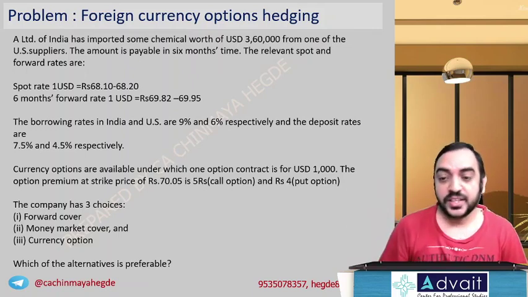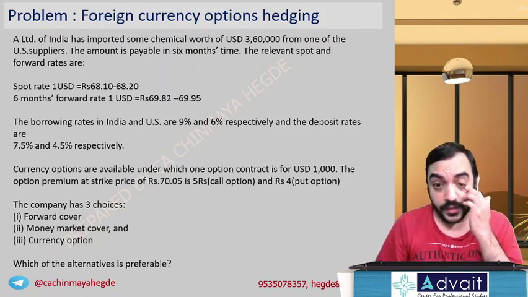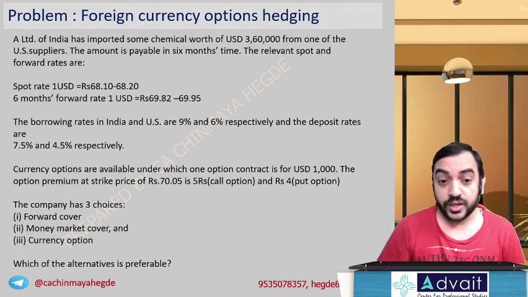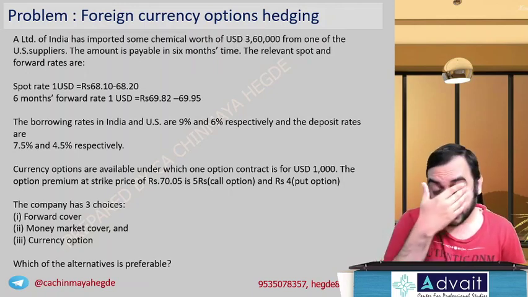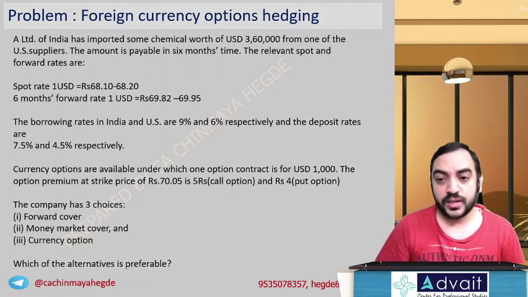Okay, let's read the question. A Limited of India has imported some chemical worth US dollar 3,60,000 from one of the US suppliers. The amount is payable in 6 months' time. The relevant spot and forward rates are given: spot rate, 6 months forward rate.